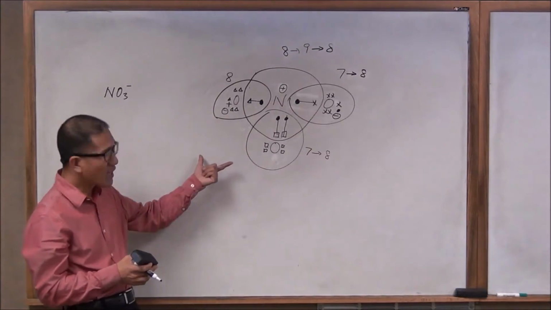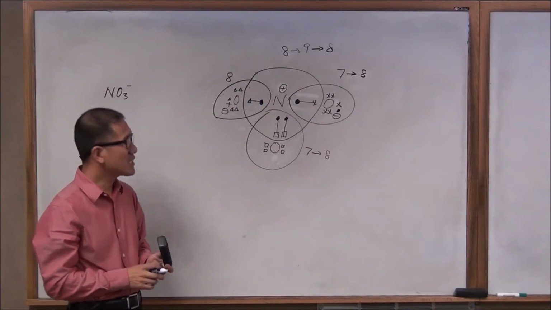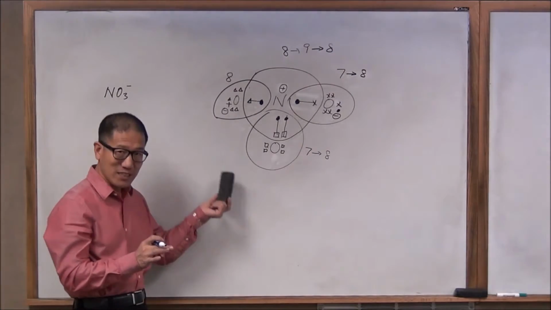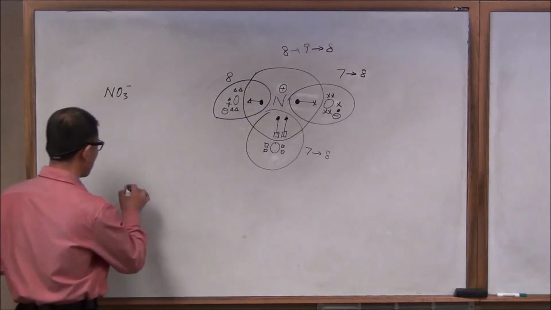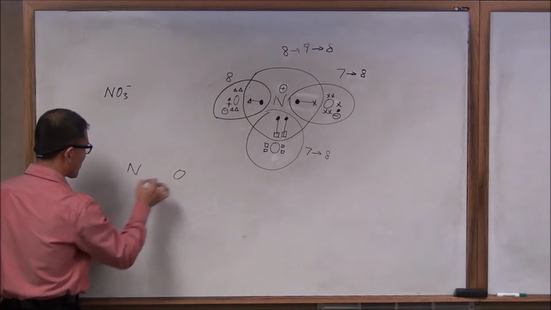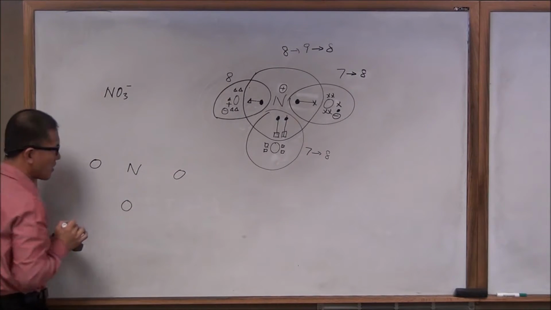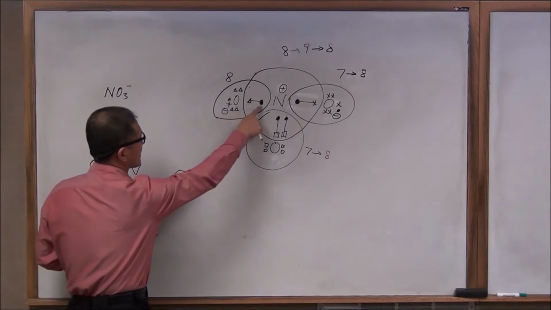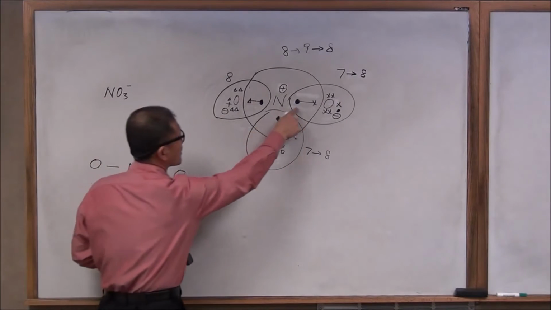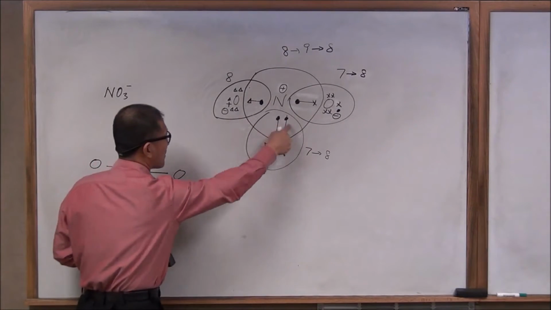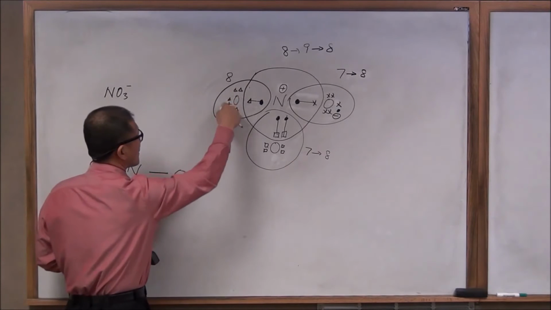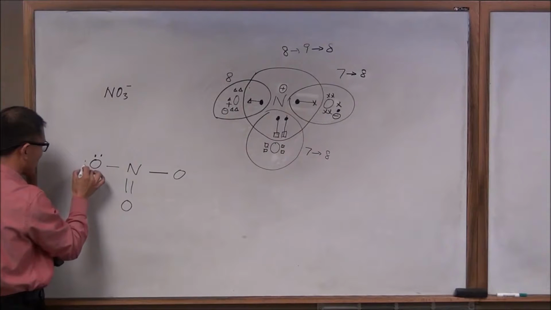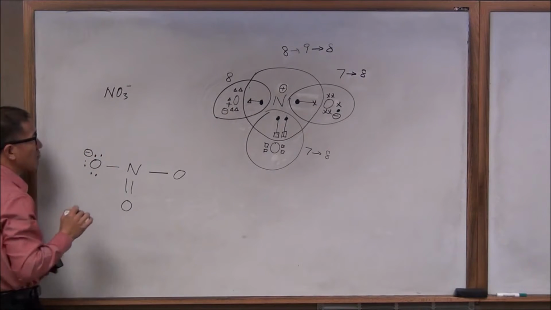But as we take a look at this, this is pretty messy. In the exam, I want a cleaner version. So let's get a cleaner version of this one. We put all the atoms in the right location, and then this is a single bond, this is a single bond, and this is a double bond, and we have 6 additional electrons here, and you have a -1 formal charge.